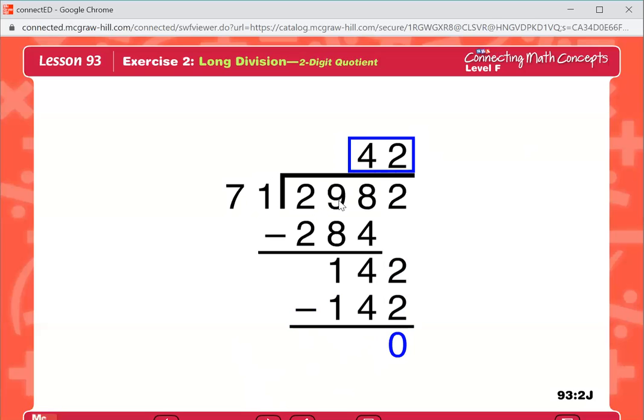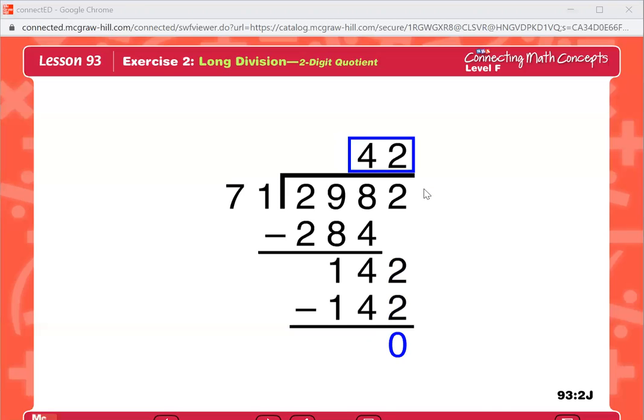So 2,982 divided by 71 equals 42. That is the problem we worked. What is the whole answer? Our answer is 42. Remember the steps for the ones digit of the answer.